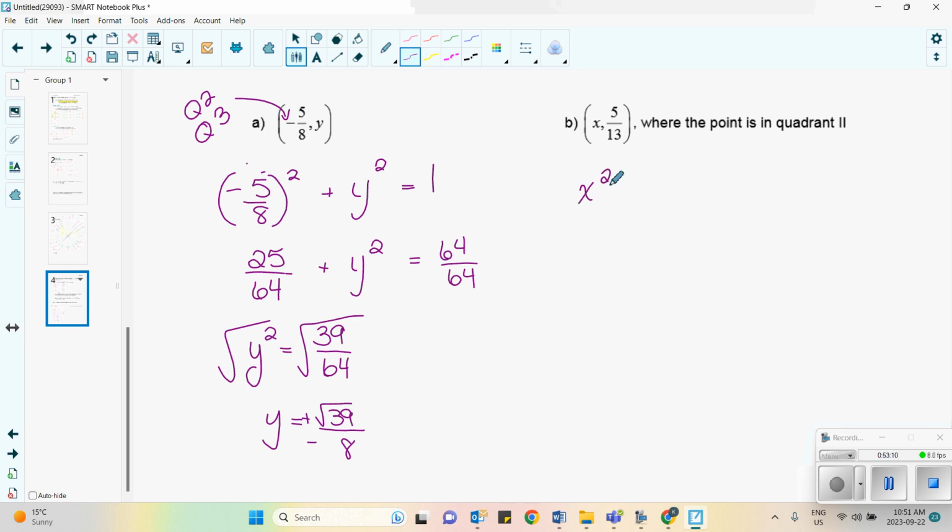So we're going to have x squared plus 5 over 13 squared equals 1.